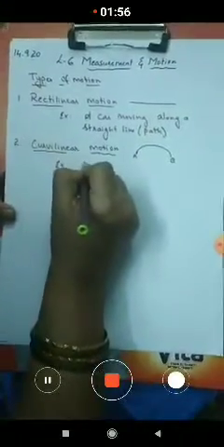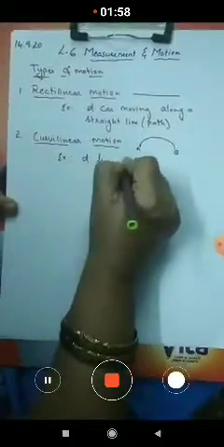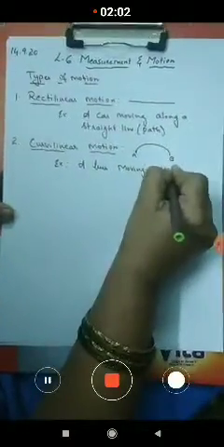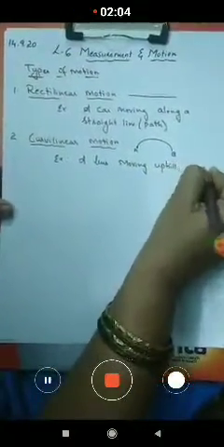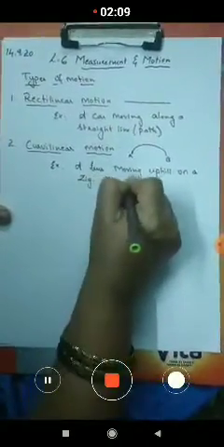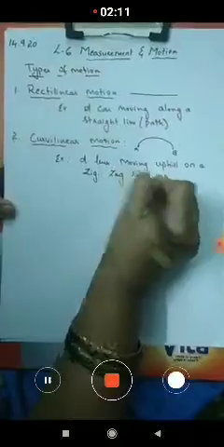Example, here we can give a bus moving uphill on a zigzag road. So this is the second type of motion.